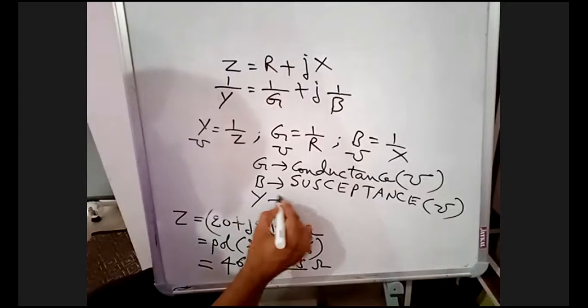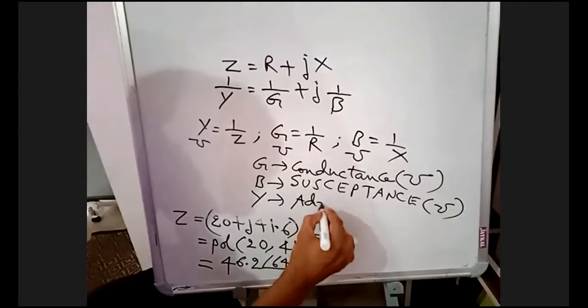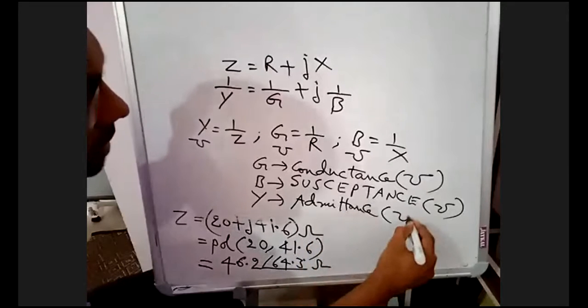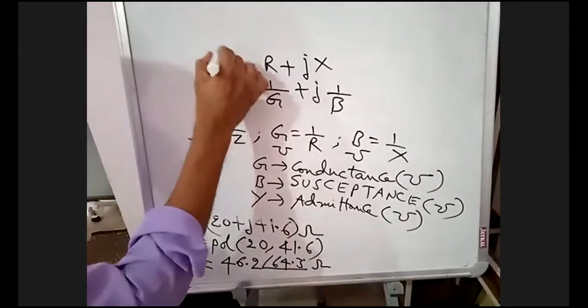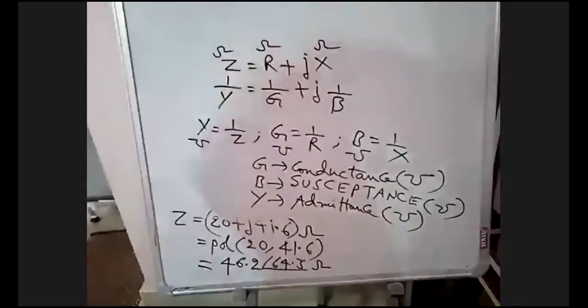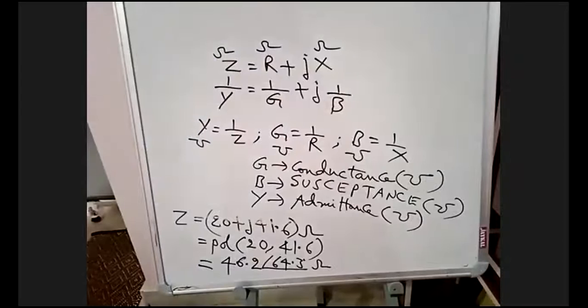The unit of Z is ohms, unit of R is ohms, unit of X is ohms. What is the name of X?